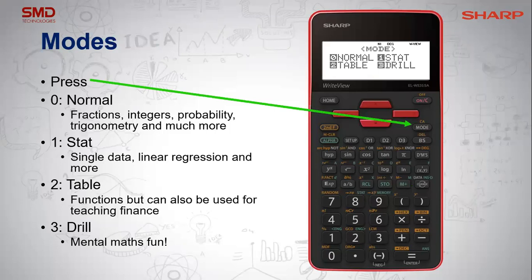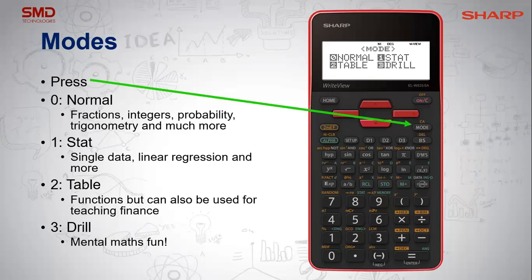It does time calculations. It's really quite a versatile part of the calculator. Then, of course, statistics or stat mode is for all of the statistics, and we'll cover both univariate and bivariate data, or single data and linear regression. The table mode is particularly awesome, and we'll go through a couple of things there.